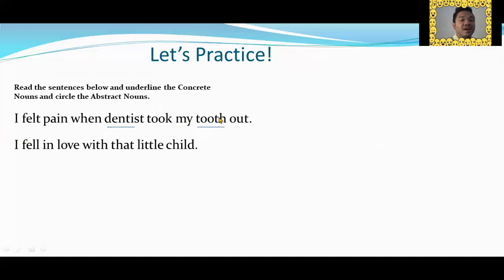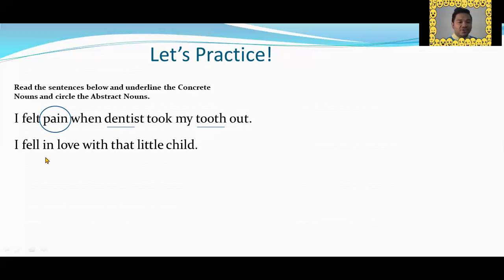Which noun here that you cannot see, you cannot touch, you cannot even smell? Great job. Pain. Okay. So, pain is an example of abstract noun. Why? You cannot smell pain. You cannot touch the pain. Okay. So, this is an example of abstract noun.